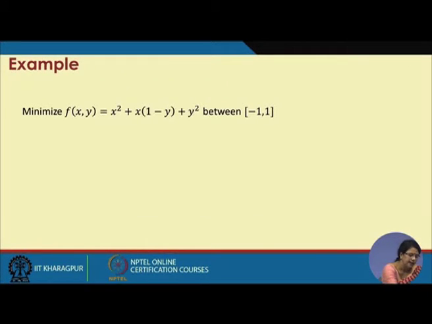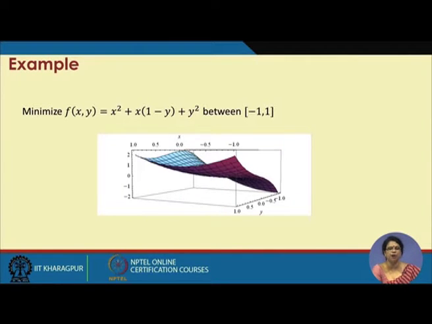Now the pattern of the function is this one; I have drawn it in Mathematica. x, y, z are all moving, and we can see that several minima occur. The function is not really unimodal within the range. Whether the function is unimodal or not is very difficult to find out every time.